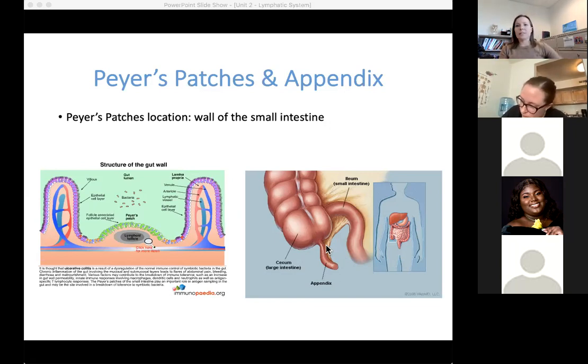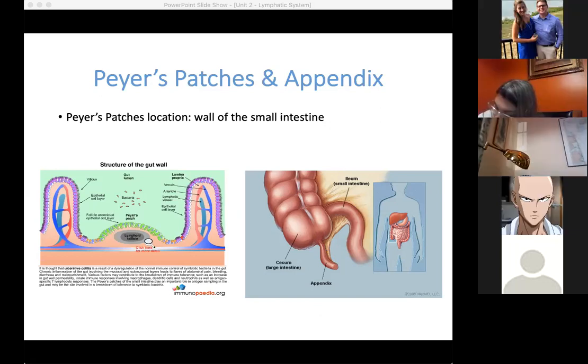So just know that it's a small projection that hangs off of the first part of your large intestine. And it contains lymphoid tissue.